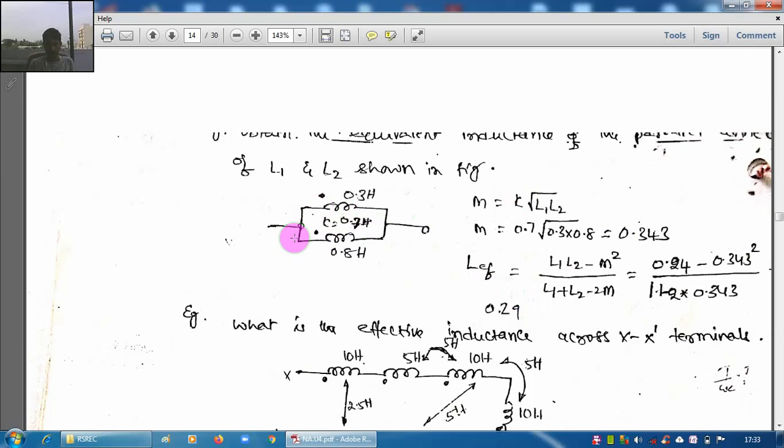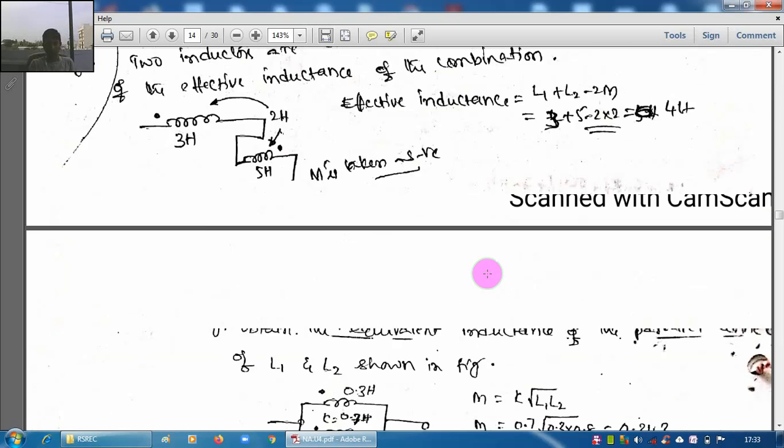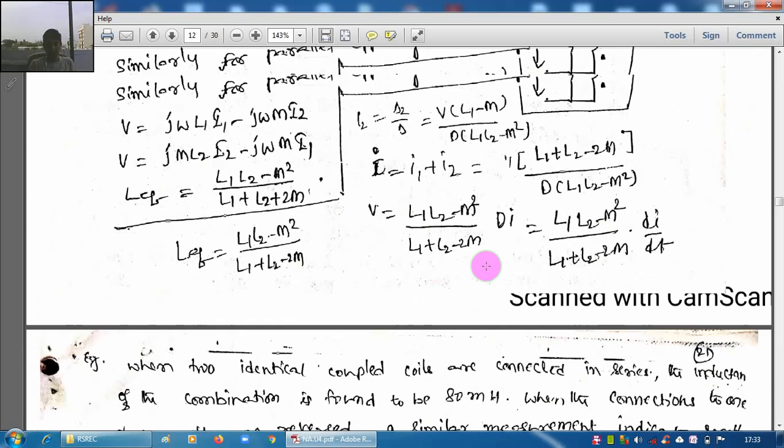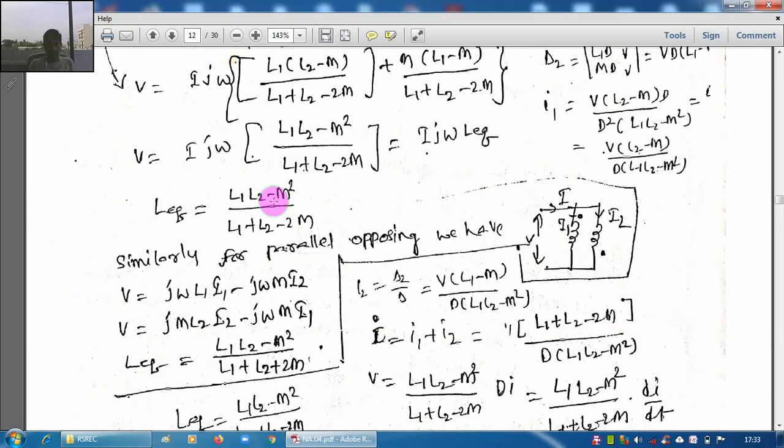As per this dot convention, current enters the first coil, and here also current enters the first coil. So this will be parallel aiding. For parallel aiding, L equivalent is L1 L2 minus M square, divided by L1 plus L2 minus 2M.